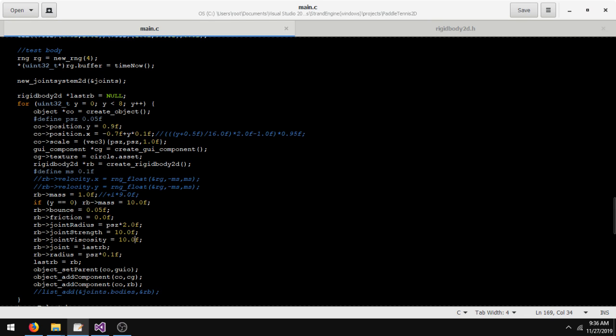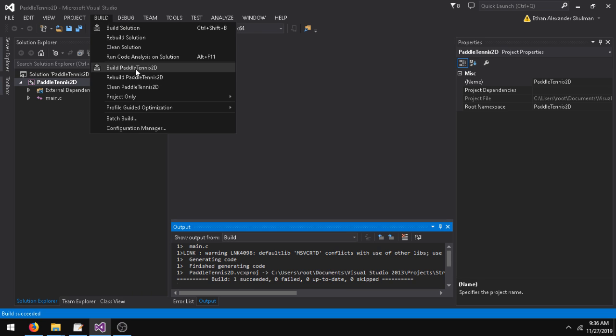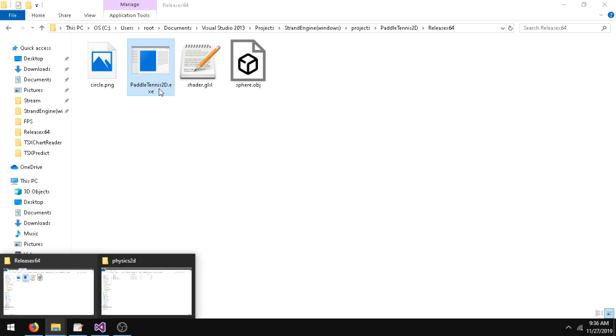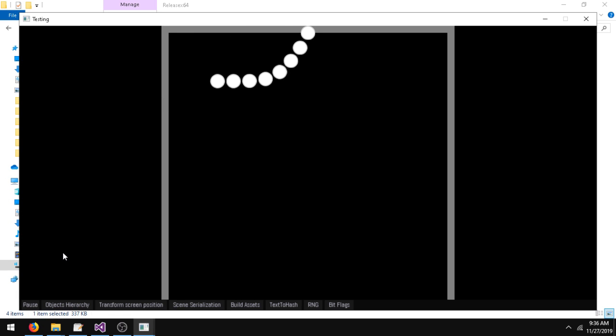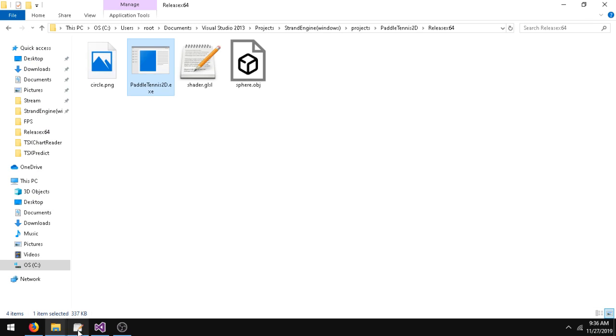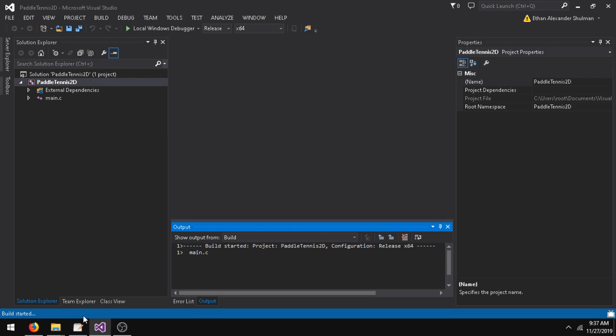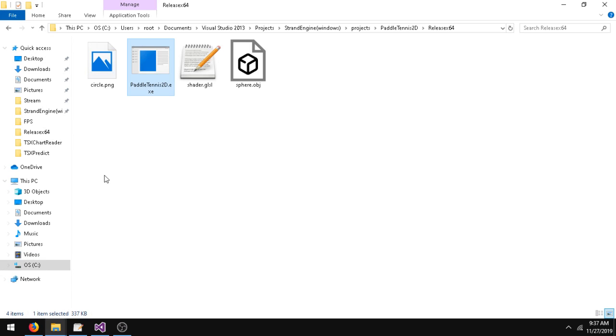I'm intrigued. Let me try lowering the viscosity and see what the effect is. Yeah, it's acting heavy. Let me try lowering the joint strength, and maybe even changing the joint strength for each of these.